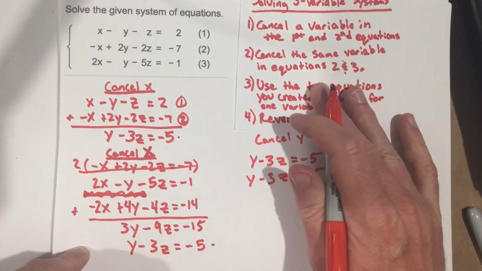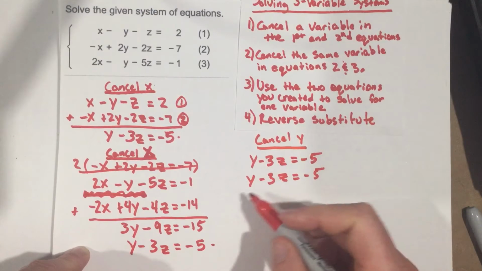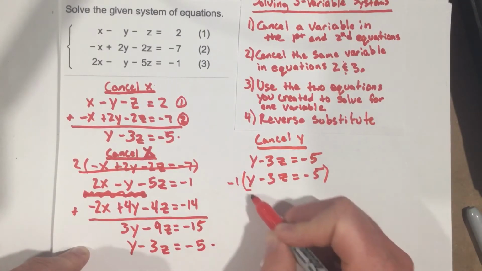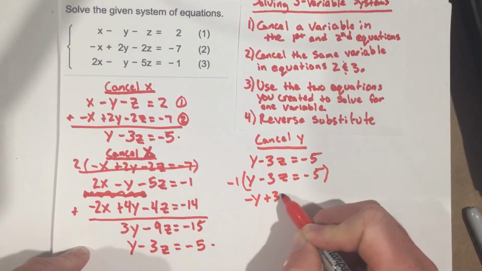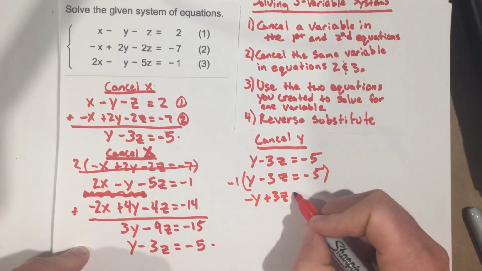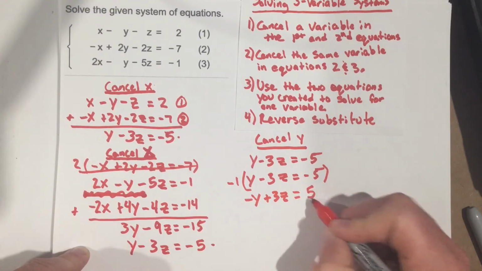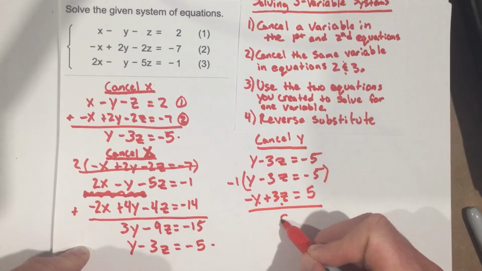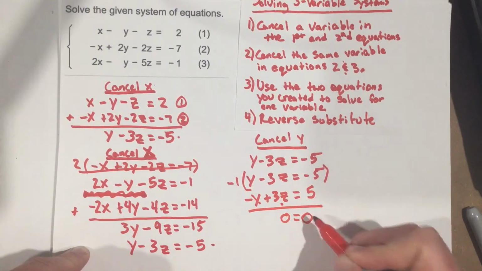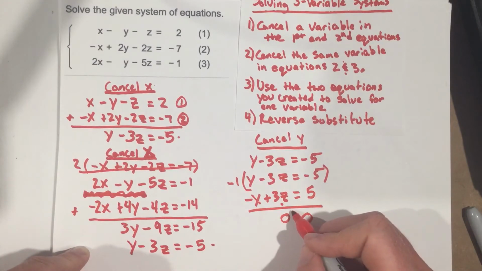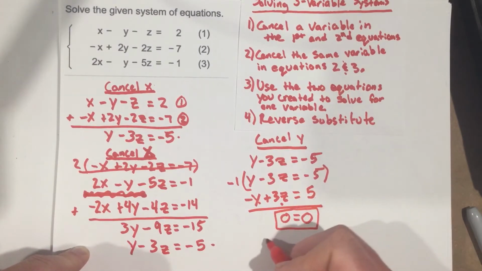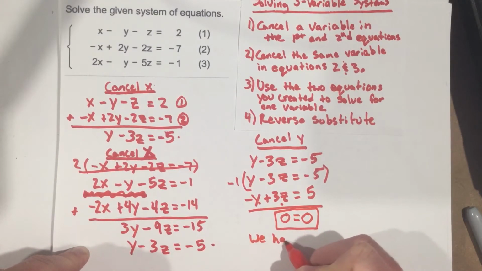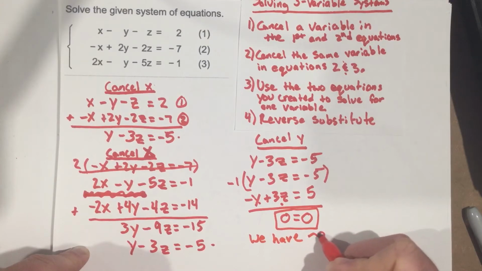If we cancel y, I got to multiply this equation by negative 1, which gives you negative y plus 3z equals 5. And when I add those, this is 0, this is 0, so 0 equals 0. What does that mean? This tells us we have infinite solutions.